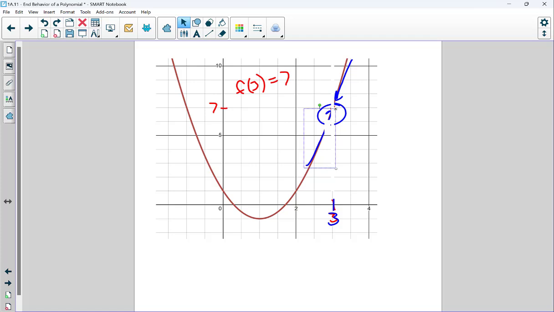So if I'm looking for a limit, I can think about, well, don't evaluate it at 3, evaluate it at 2.9, or better yet, 2.99, or better yet, 2.999. All of those values are getting closer and closer to 3. If the left side and the right side of the graph are headed to the same location, then we say that the limit exists at that location.